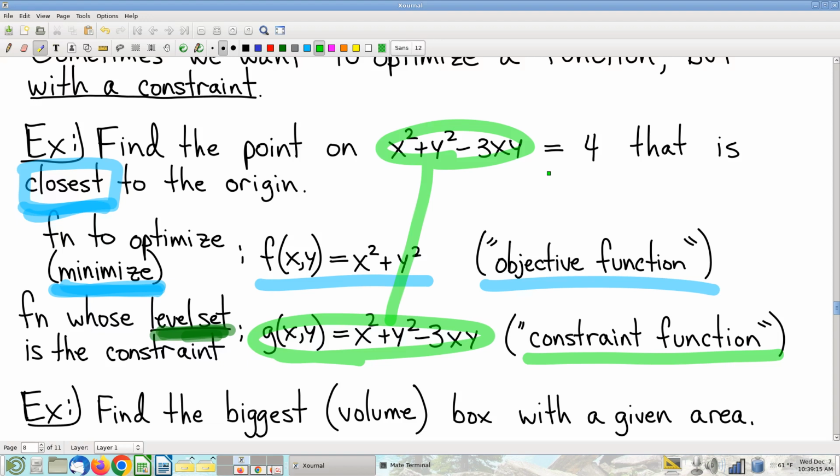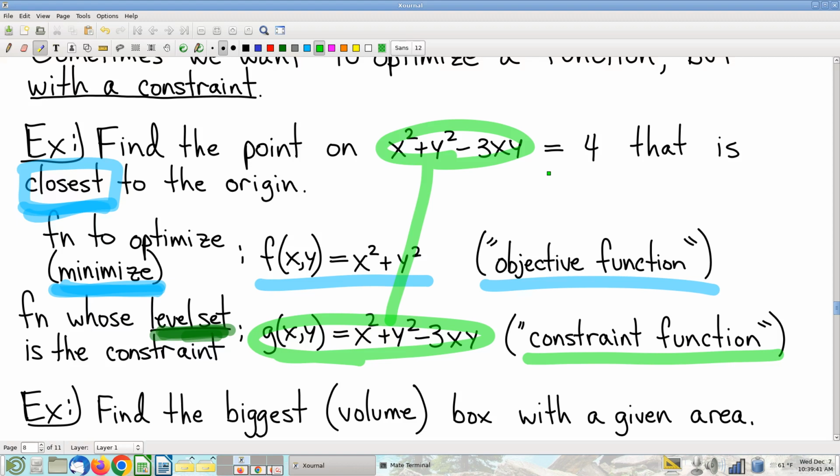This is just a clever move. If you find the point that is closest, if you find the function where distance is as small as possible, well then distance squared will also be as small as possible. That's all it is. Like if I find the point that makes f as small as possible, it also makes 2f as small as possible, right?